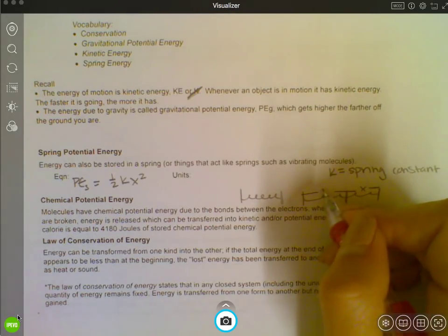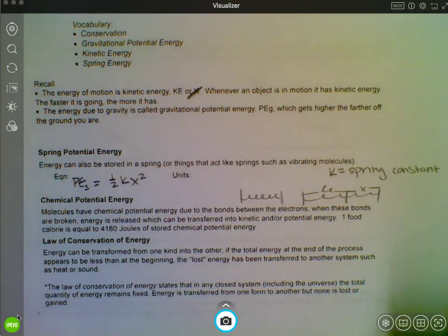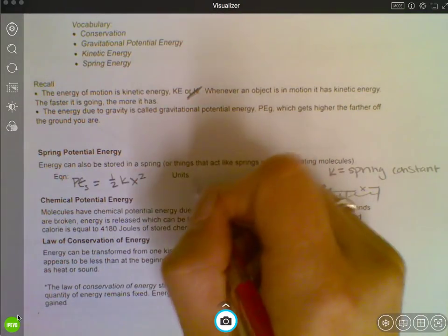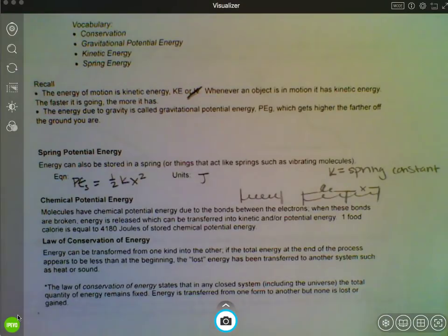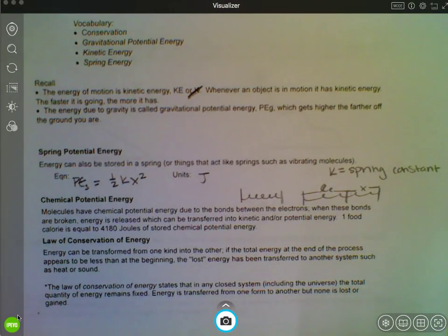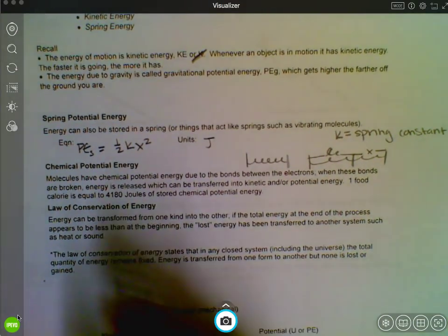So this is its equilibrium length, we'll call that LE. And then this is the amount you stretched it from its equilibrium point, okay? And the units for that are also going to be joules because it's a type of energy. All right, we'll talk more about that in class.